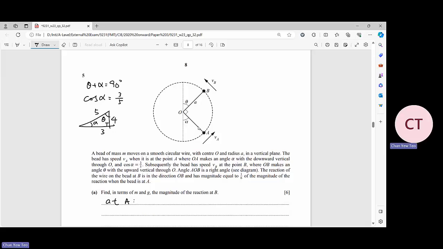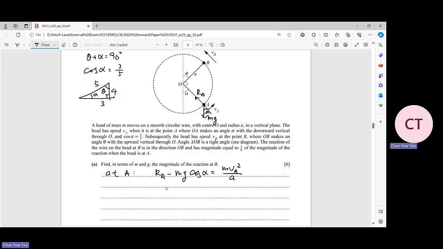if you resolve the forces, this will be your mg, and this is alpha. Your contact point is over here, so this will be your RA. So your RA minus mg cos alpha equals MVA square over the radius.